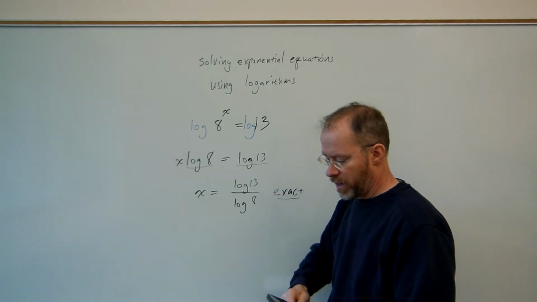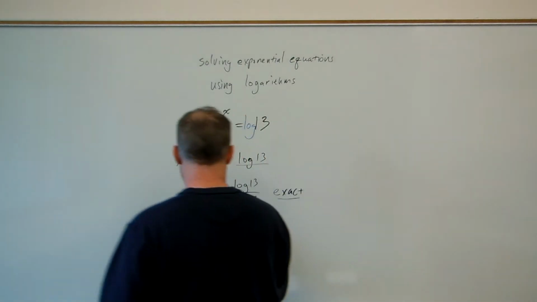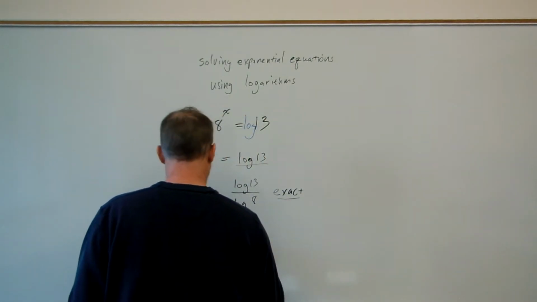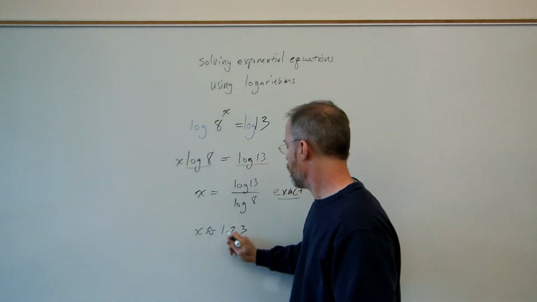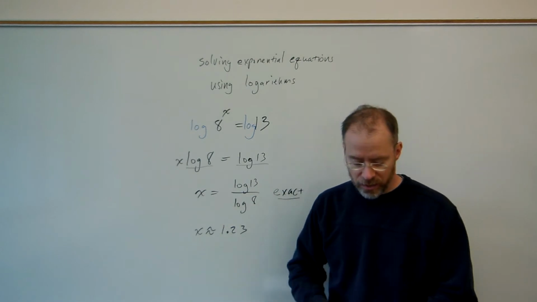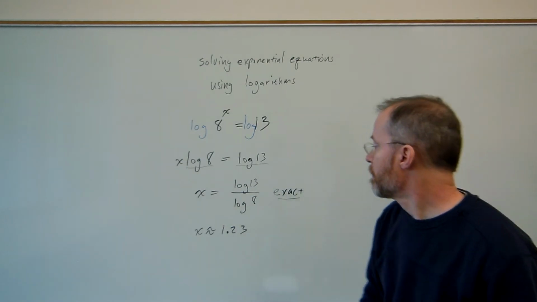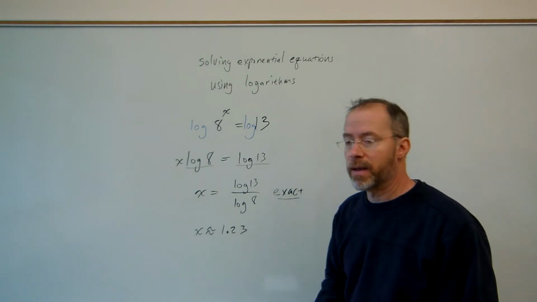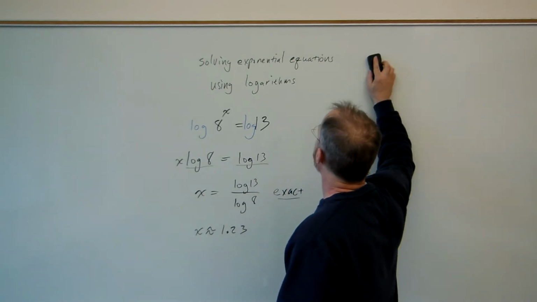And I get 1.23. Solve to the nearest hundredth in this case. I've got to round somewhere, of course. I'll use the wavy equal sign to say approximately equal to. And this technique will be handy a lot this week. Okay, let me forge ahead.